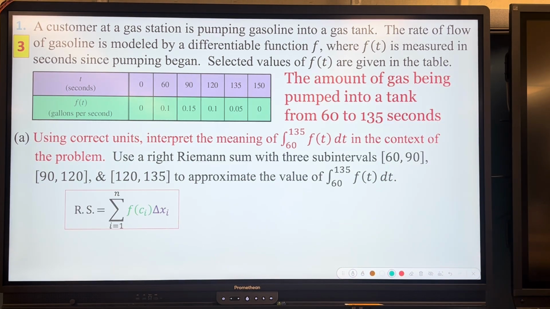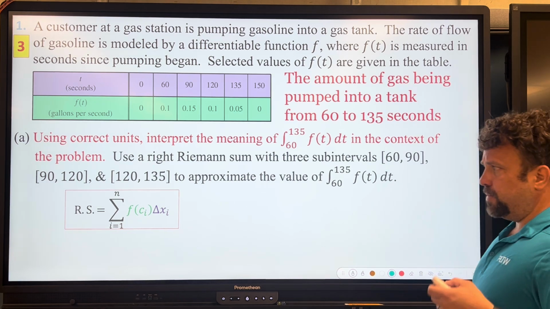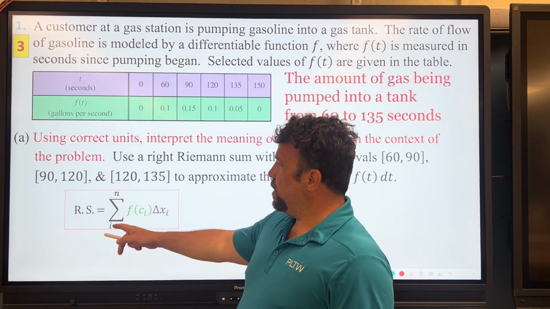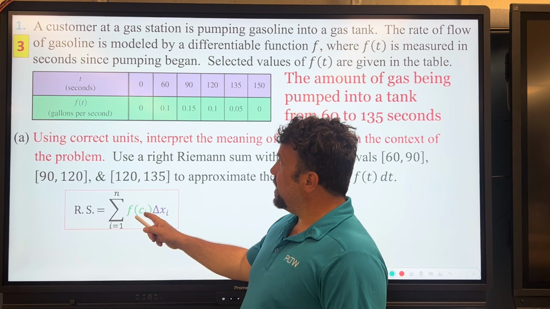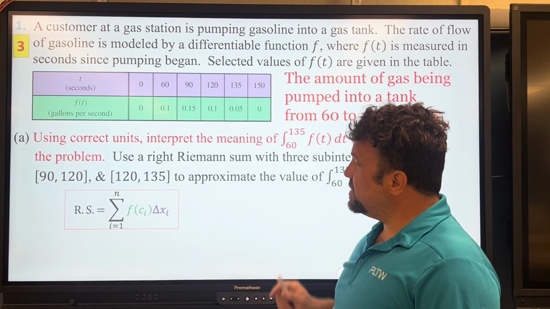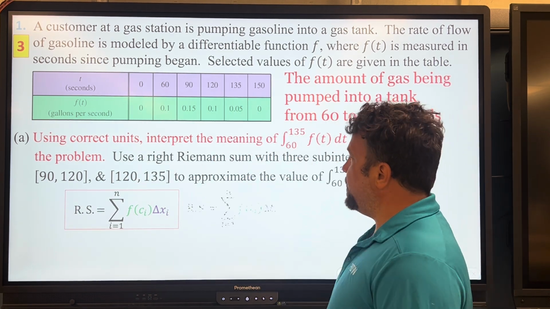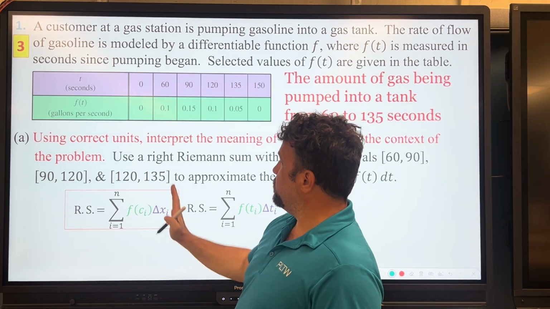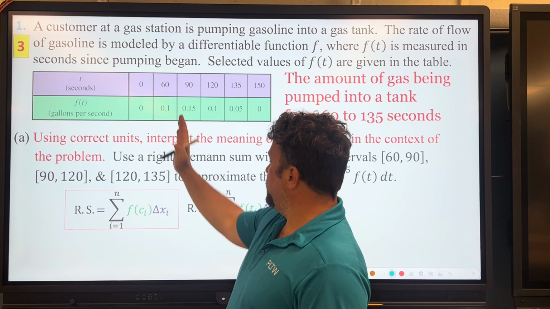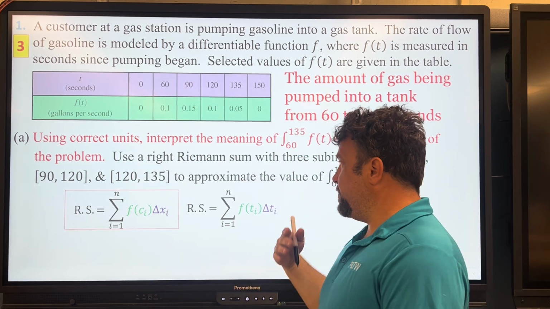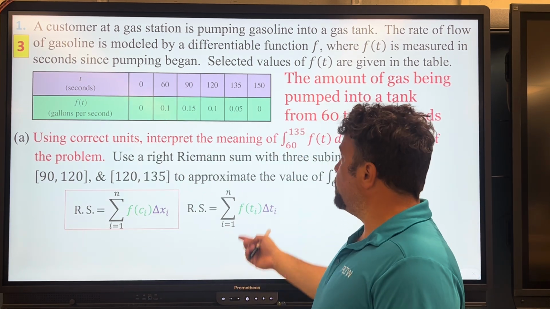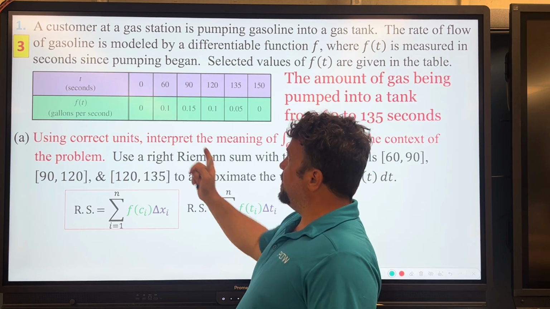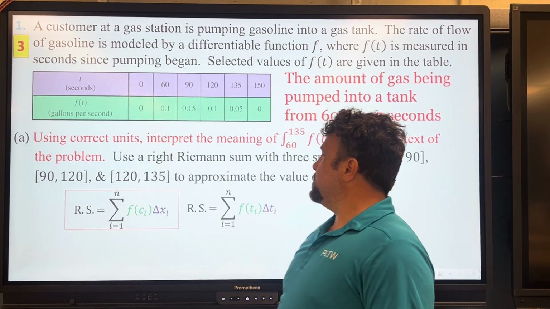Second one, we're going to use the Riemann sum. The Riemann sum is the sum from 1 to whatever number, f of ci delta xi. Now in this case, our f of ci is our f of t, so it's your f of ti. Since it's the right side, it's going to be the right one. If it was the left side, it'd be f of t i minus 1 times delta ti, so the difference in your t's.